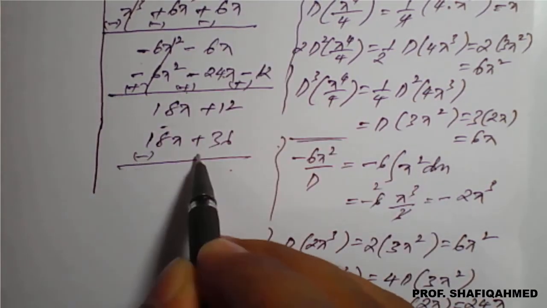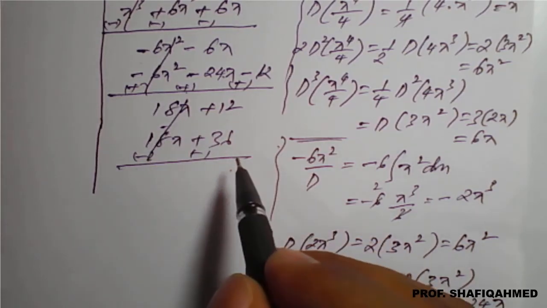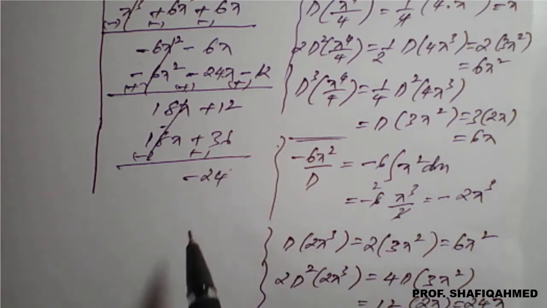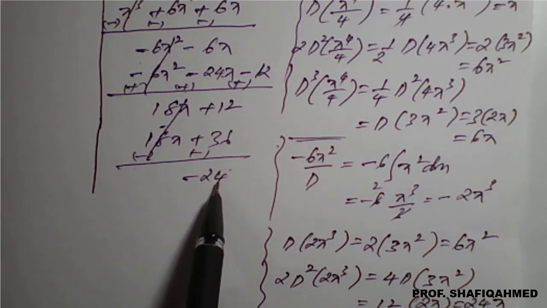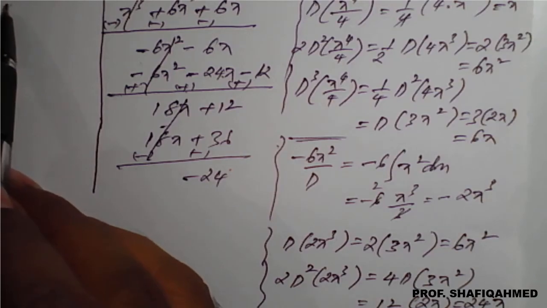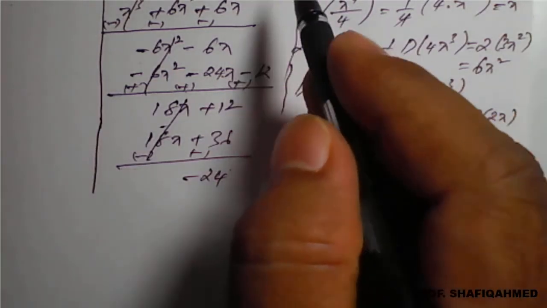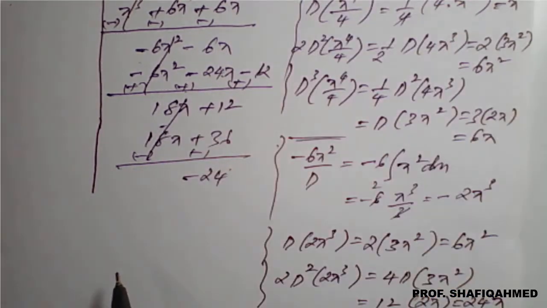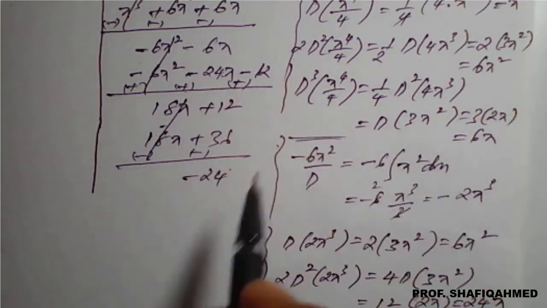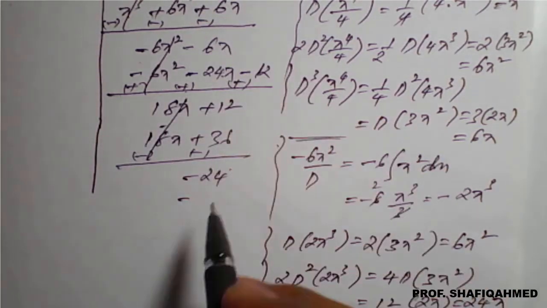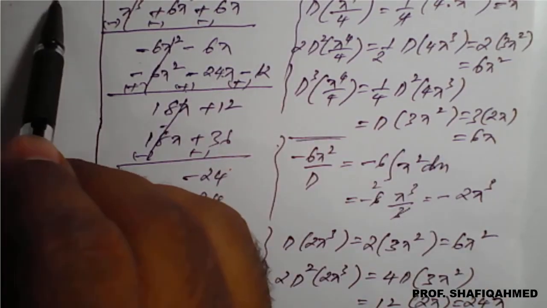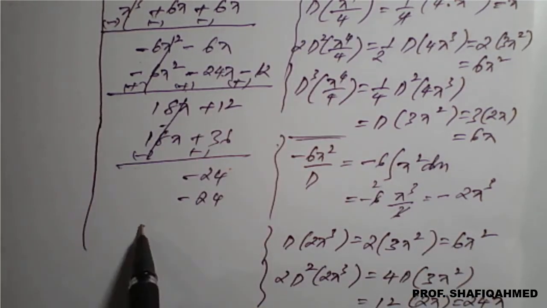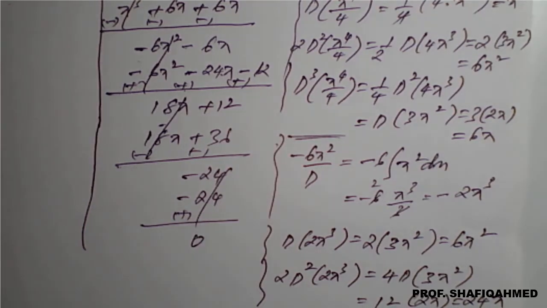So change the sign, minus minus, this cancels, so 12 minus 36 will get minus 24. Then this minus 24 divided by D, that is integration of constant, so we'll get here minus 24x. So difference, plus into minus is minus, so differentiation of 24x is 24. So remaining 2 times differentiation, D square of 24 is 0 and D cube is also 0. So therefore change the sign, so this will become 0.